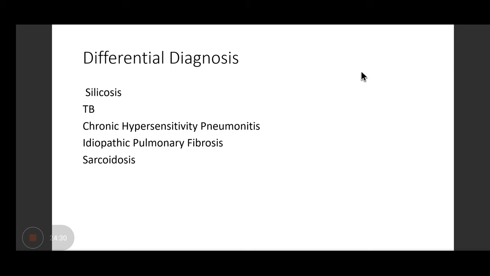And as discussed earlier, the other DD can be idiopathic pulmonary fibrosis. And the other one is sarcoidosis. So how do you rule out sarcoidosis in this case?